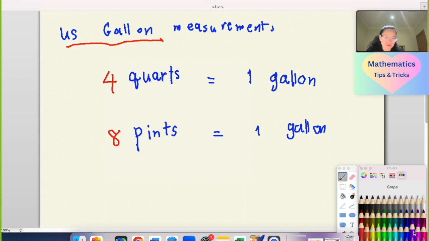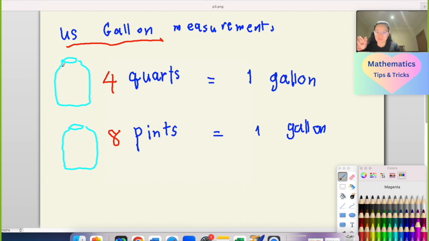Because I would like to show you here for a gallon, I make it easy, I will make it like this. Same. 4 quarts equal 1 gallon, so that means it's divided by 4 like this: 1, 2, 3, 4.